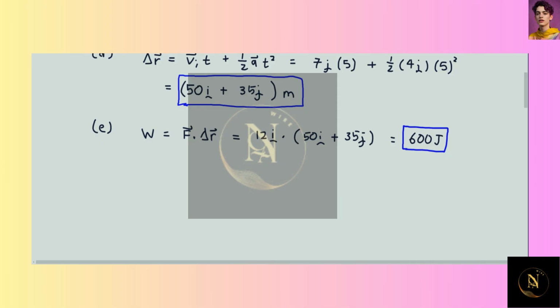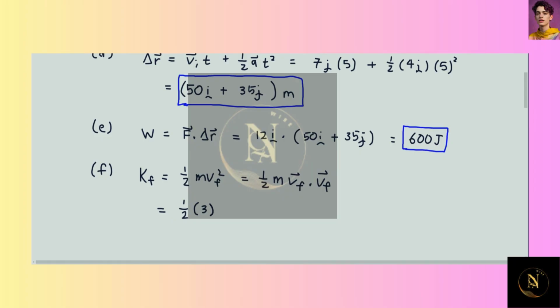Next we do part F. We want to find the final kinetic energy. So final kinetic energy is half m v_f squared, which is half times m times v_f vector dot v_f vector. The mass is 3.